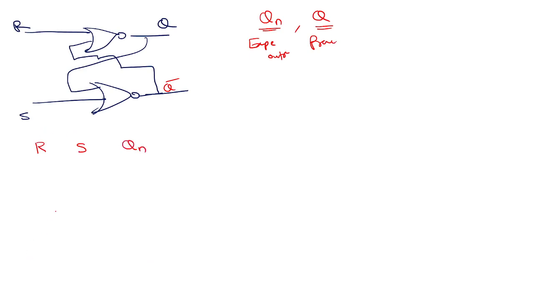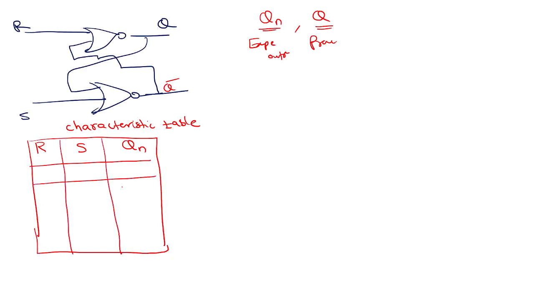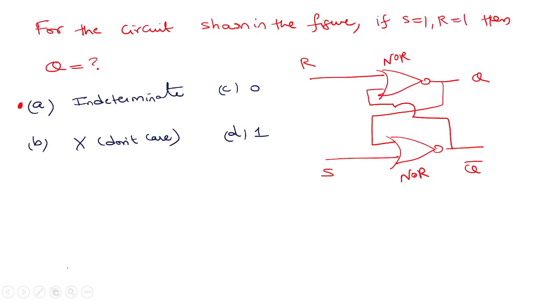What I'm trying to do is a characteristic table. What happens to Qn? How many combinations of inputs are possible? 4 combinations, right?